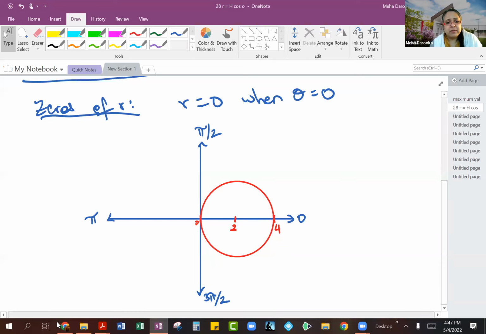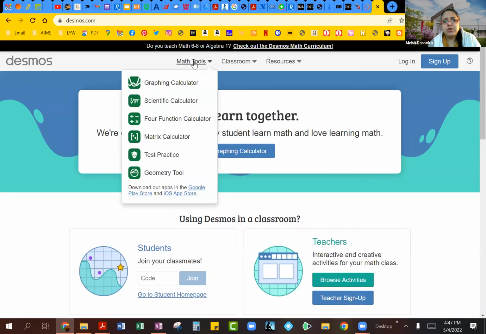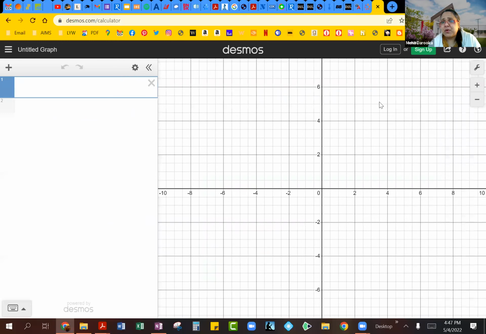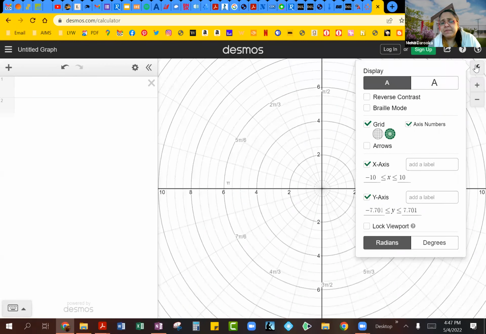My recommendation to you guys, as I had mentioned on Monday also, is to use some kind of support, so you're sure that you have the correct graph. So you can go to your Desmos, this time go to a graphing calculator. Remember, I showed you that last time. Go under the graph settings over here, change this to polar coordinates.